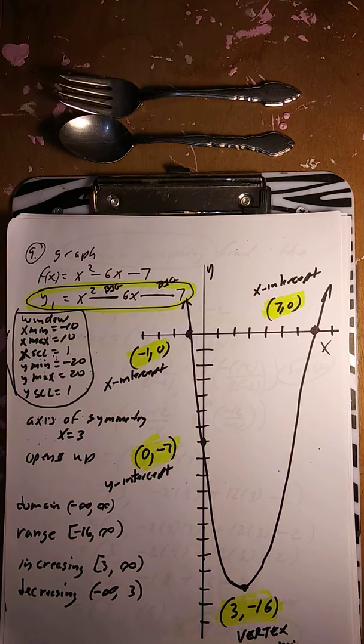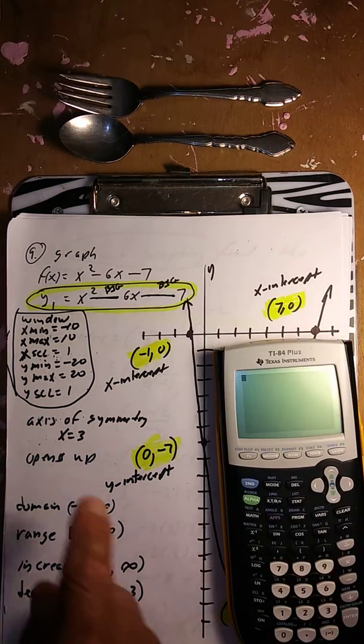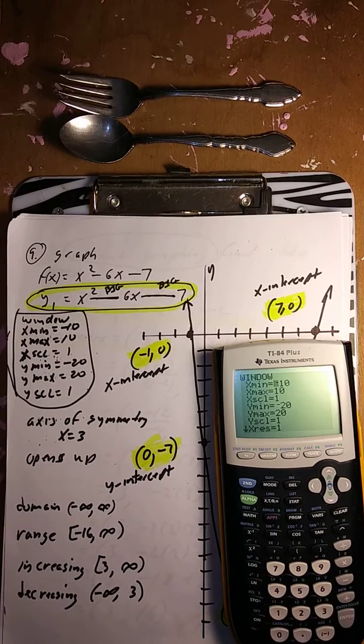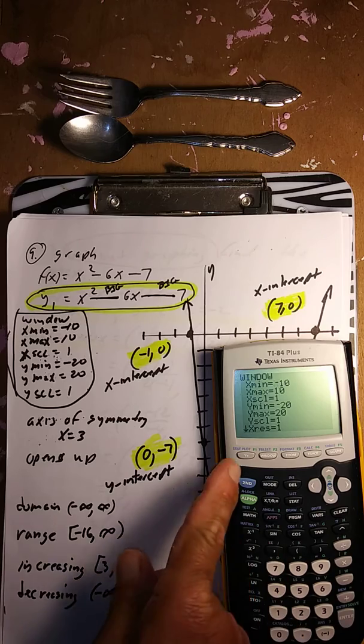Number 9. Another graph. Okay, that's fine, we can do that. So now, this time, the window is going to be different. Okay? It's going to be a different window. So first thing you need to do on your calculator, set the windows. So windows has to be 10, 10, negative 20, and 20 right here. Now I put y.